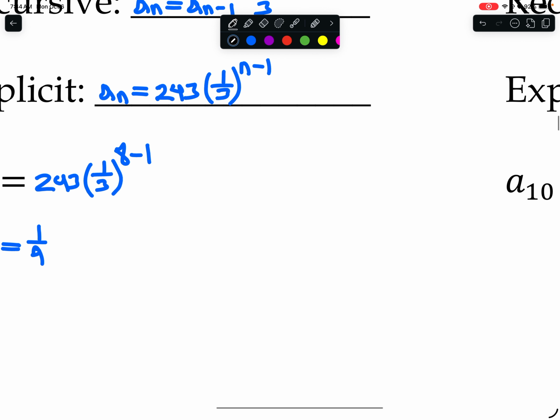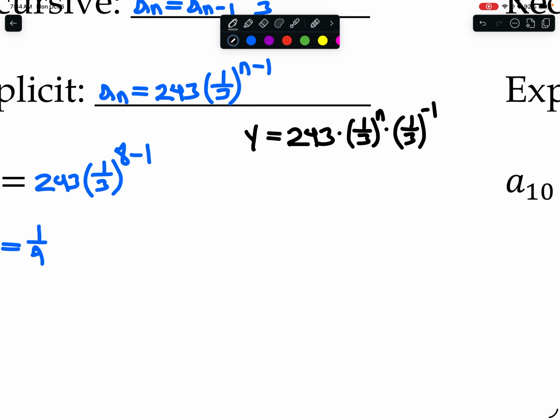So now let's convert. So we're going to have y equals 243 times 1/3 raised to the n, and then I'm going to go ahead and separate and do 1/3 raised to a negative 1.